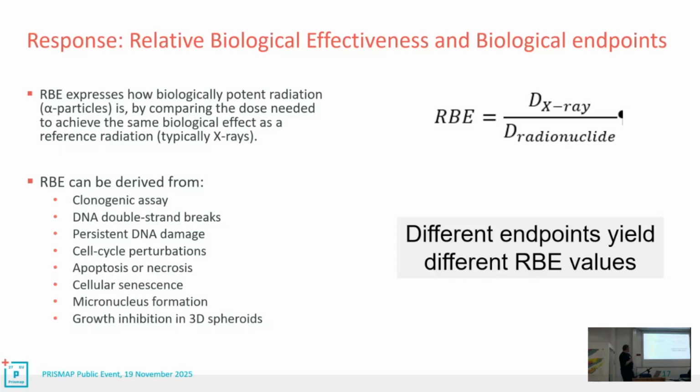There are different ways that the relative biological effectiveness can be derived: clonogenic assay, DNA double strand breaks, persistent DNA damage, and some other methods. But one thing to think about is that different endpoints yield different RBE values. So that becomes quite an important consideration in how you can compare things, or make this dose to RBE relationship.